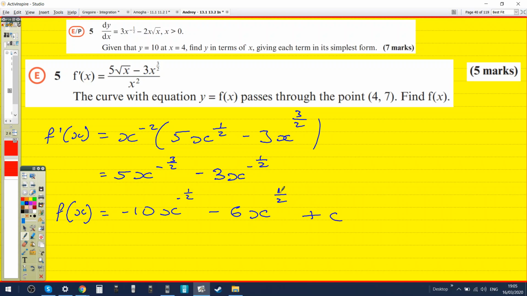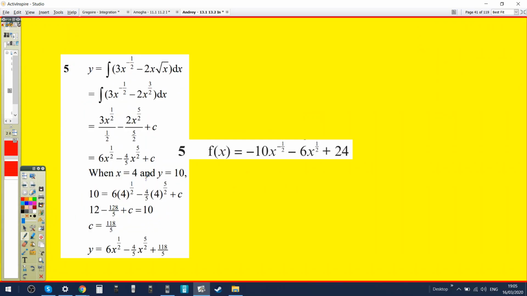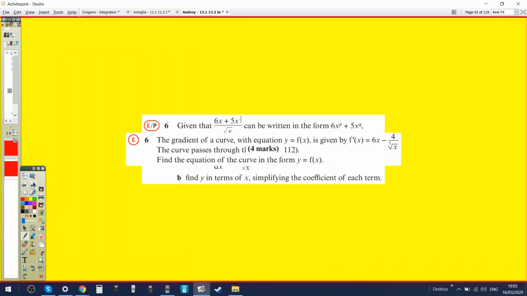That's it. And then you just sub in that and solve for c. So minus 10x to the minus a half, minus 6x to the half, and then you just find the c. Grand. You're good for that.